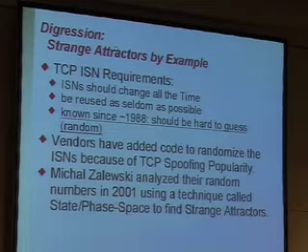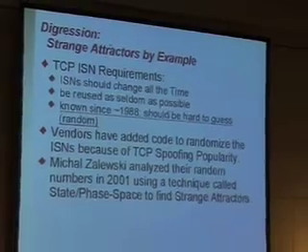I think in 1994, and before that in 1988, when Robert Morris was involved, this ISN issue wasn't known when the protocol was designed. People started thinking about what the possibilities are if we are able to guess the ISNs, and they figured out it's possible to do IP spoofing.